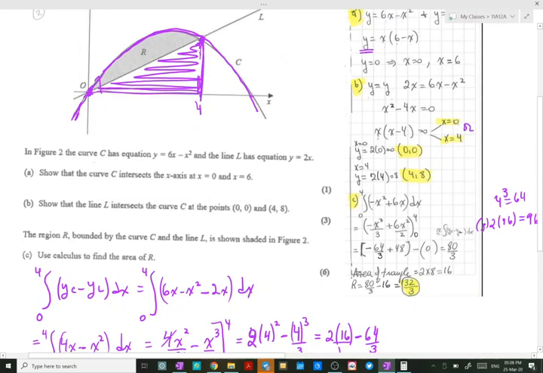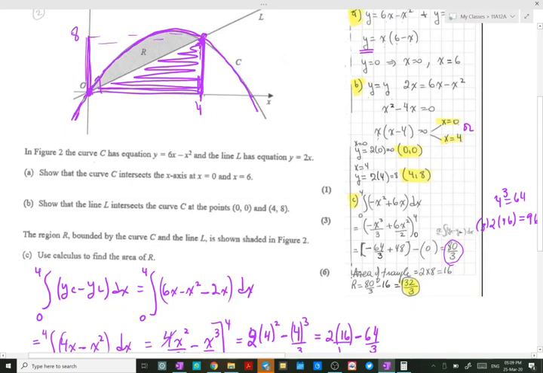So we integrate first the equation of the curve, and we take the bounds 0, 4, and after we integrate and replace, we get 80 over 3. And then finding the area of the triangle, 4 is the base, multiplied by the height, which is the y of this point, which is 8, found previously.